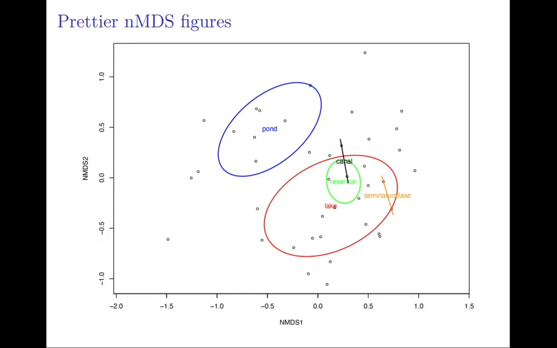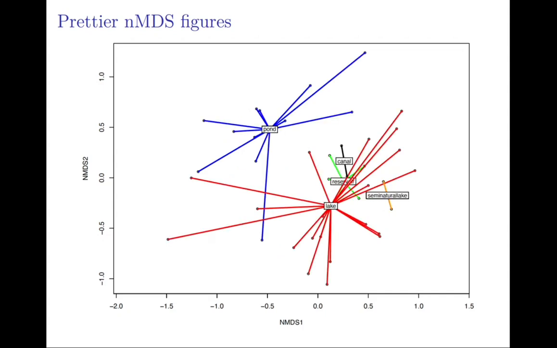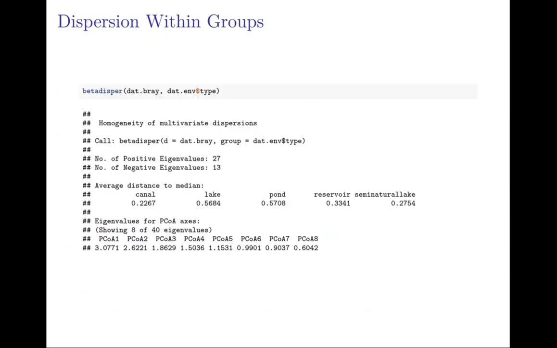There's a lot of variability within plots of a certain type, but reservoirs are much smaller. You can see that from the spider graph, where the lines to the centroid are much longer for lake and pond than they are for reservoir. That means lake and pond have more dispersion than the reservoirs do in their community structure.